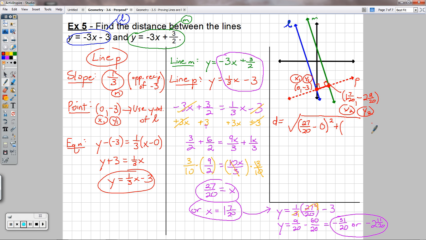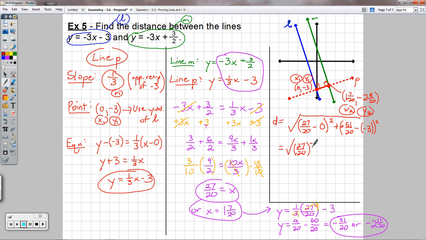So the negative 2 and 11/20, that was negative 51/20. We have that minus negative 3. And all that is squared. So this becomes 0. I don't need to think about that.